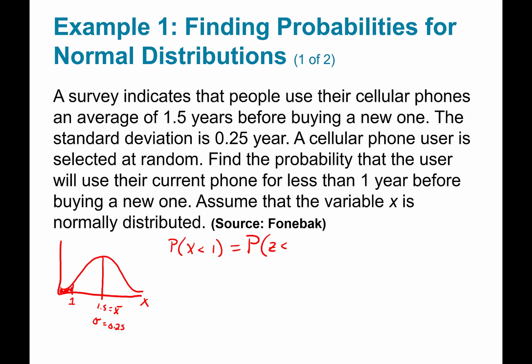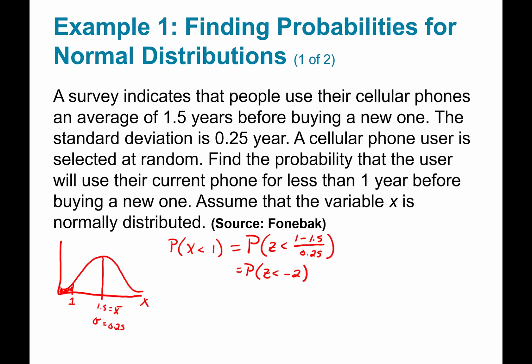Anytime I'm changing from one distribution to the other, there's going to be some kind of calculation, in this case our z-score calculation. So the probability x is less than 1 is the probability that z is less than 1, our data value, minus 1.5, our mean, divided by our standard deviation of 0.25, or the 1/4 of a year. We do that calculation, and we get the probability that z is less than negative 2.